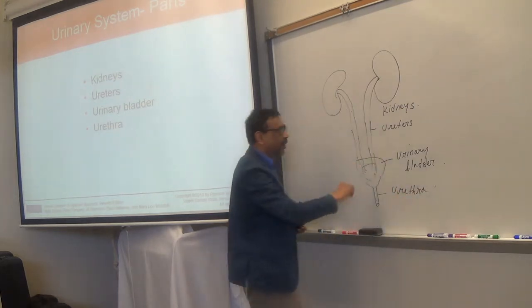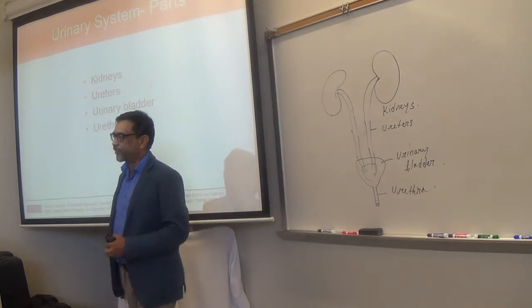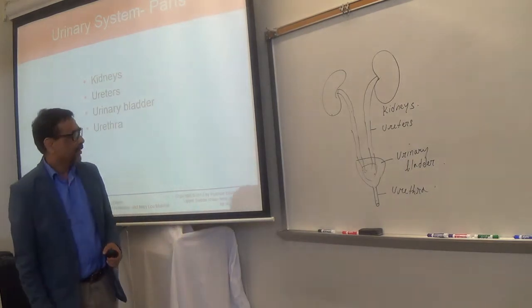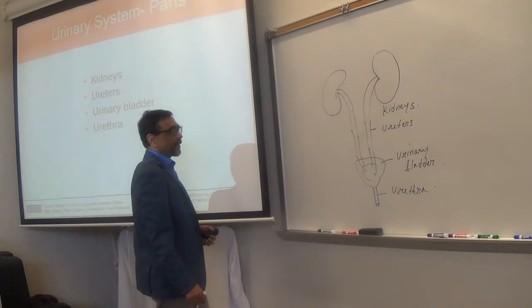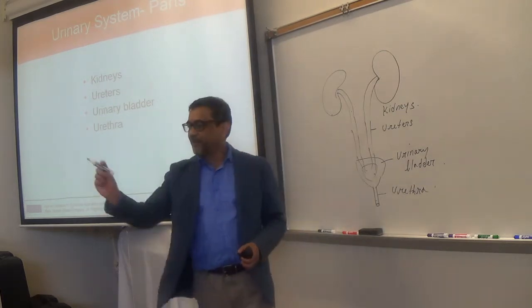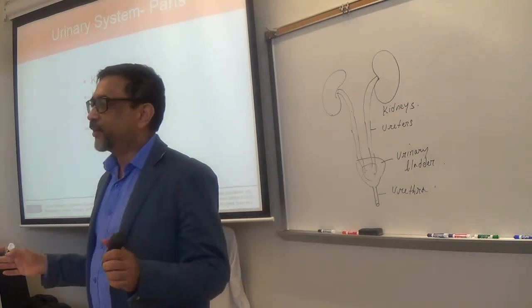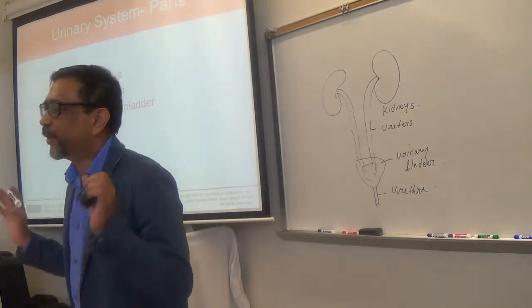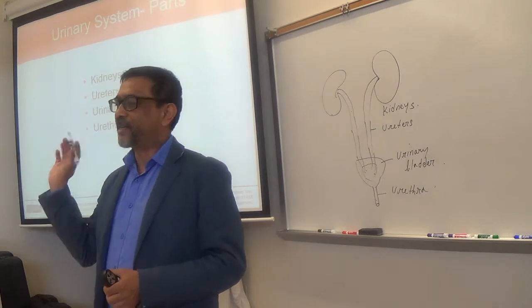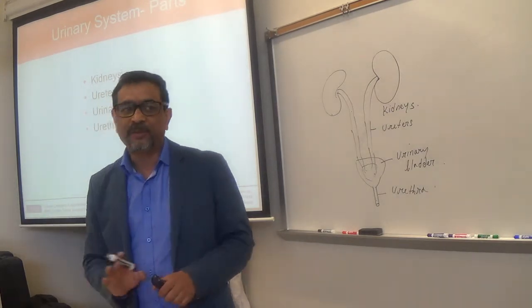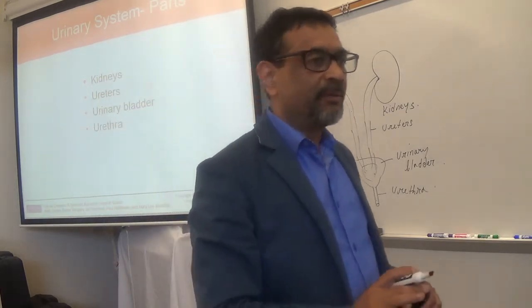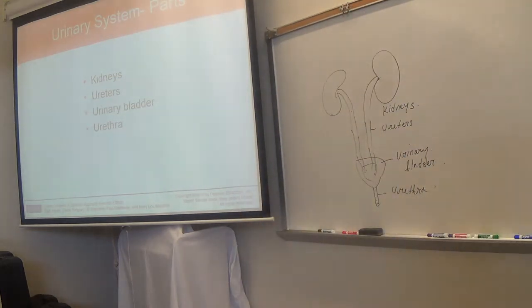So those are the parts of your urinary system. Now, if I ask you in one sentence, tell me the function of the kidneys. Kidneys produce what? Urine. By filtration. Make sense? So, kidneys produce urine by filtration.